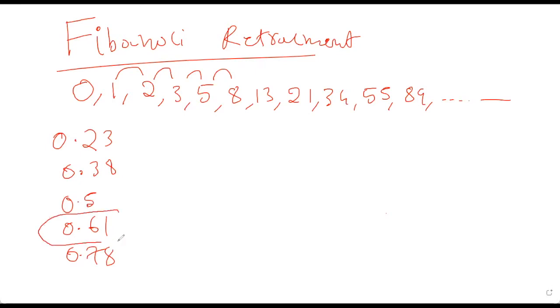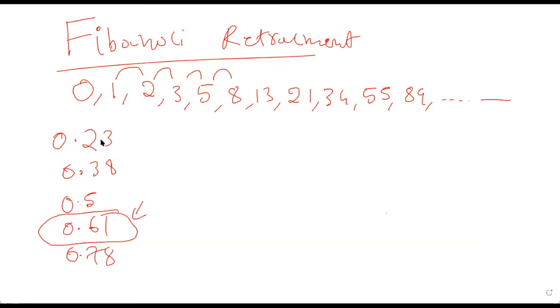This 0.61 is a very, very powerful golden ratio. So 0.23, 0.38, 0.5, 0.61, 0.786.